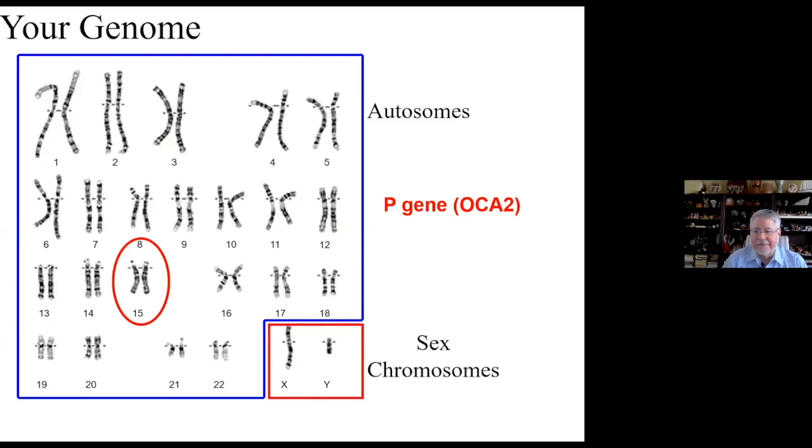On chromosome 15, there's another gene called the P gene, and changes in that gene can lead to oculocutaneous albinism type 2. These, OCA1 and OCA2, are the two most common forms of albinism that we see.